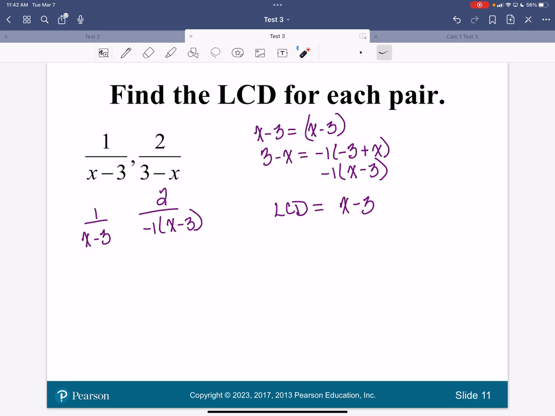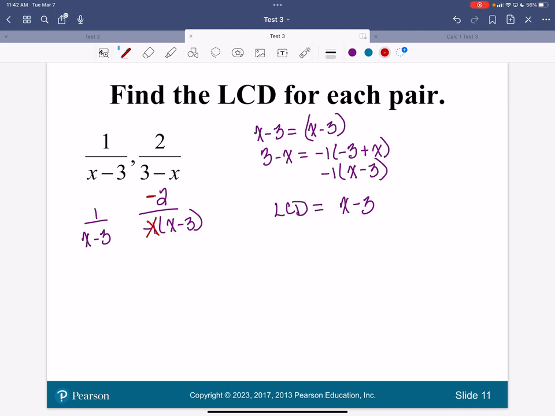So instead of negative 1 times x minus 3 being my common denominator, I'm going to make this negative 1 go to my numerator. And as long as I account for my negative, I'm good. It makes the problem significantly more straightforward when you do that. So this is how I would do my rewrite when I start adding and subtracting these. And that's what we're going to do now.